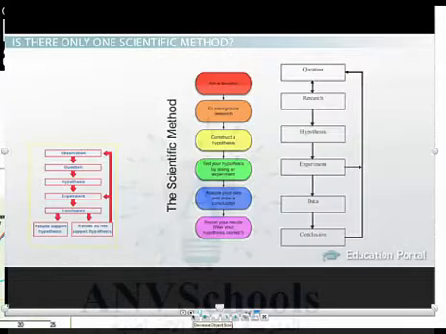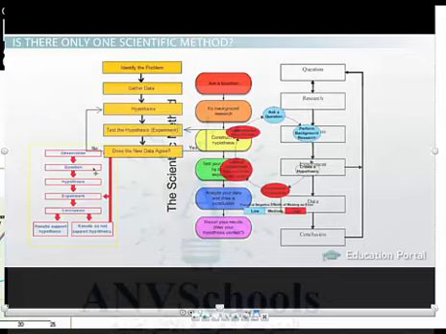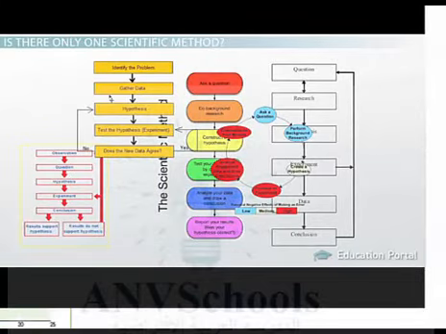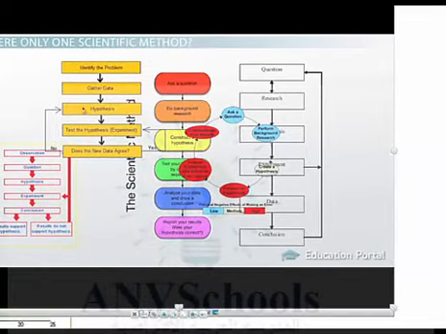For example, here we have observation. Here we are identifying a problem. After identifying a problem, you gather data. After gathering data, you make a hypothesis. After making a hypothesis, you test the hypothesis in an experiment. Does the new data agree with the previous data?